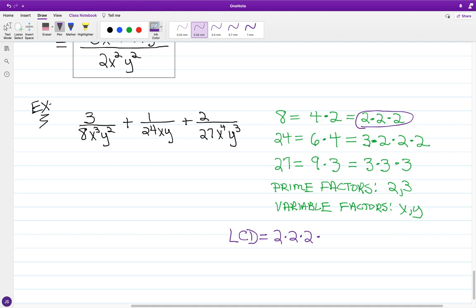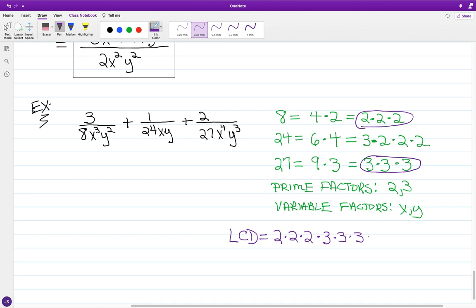It appears only 1 time from 24, so the winner comes from 27. The greatest number of appearances of 3 from any of the factorizations is 3 times, coming from 27.